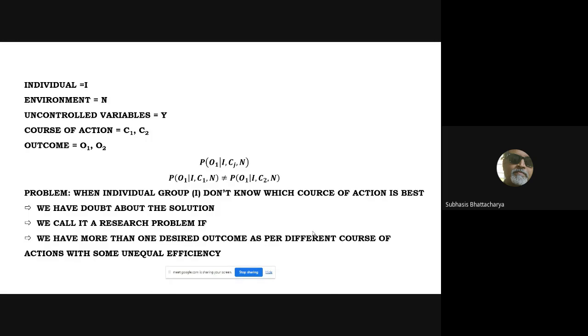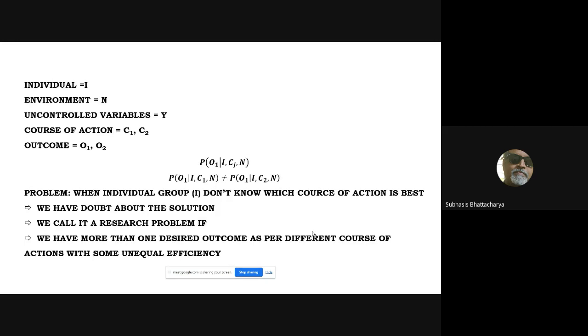Then in research, we have to define the probability of the first outcome, in comparison between O1 and O2. Suppose O1 is preferable. So the probability of O1, what are the given things? The given things are the individual, the course of action, and the environment.